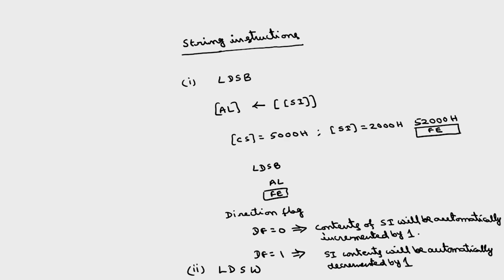If the direction flag is set, the contents of SI will be automatically decremented by 2. That is the difference between string byte and string word.